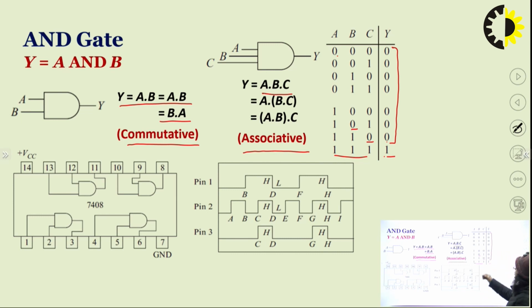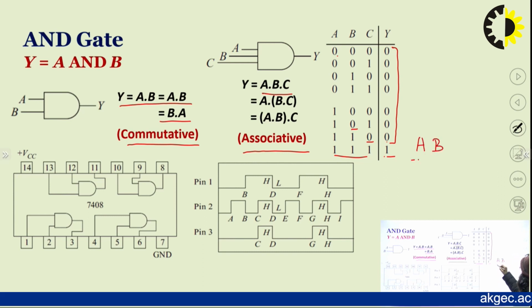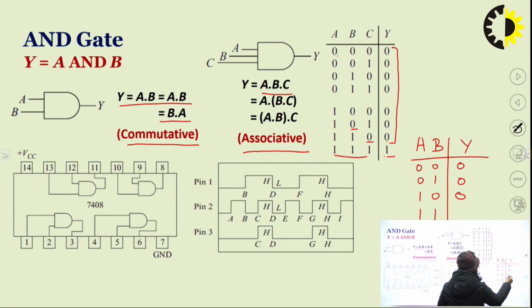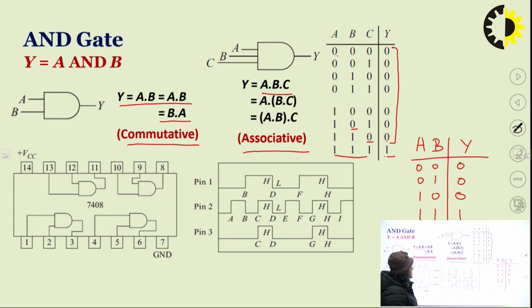Similarly, for the 2 input truth table, we use 4 combinations: 0 0, 0 1, 1 0 and 1 1. For all the previous 3 combinations, one input is 0, so output is 0, and for the last, 1 1, output is 1.